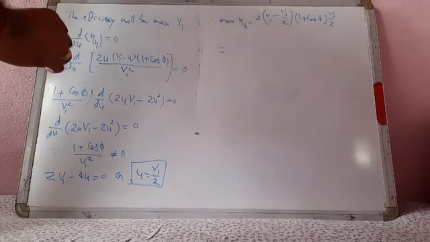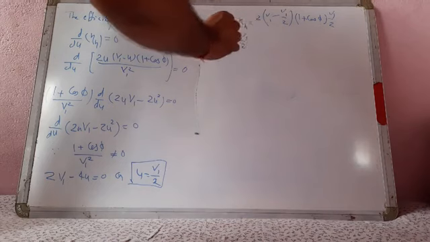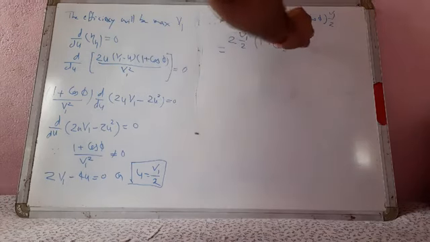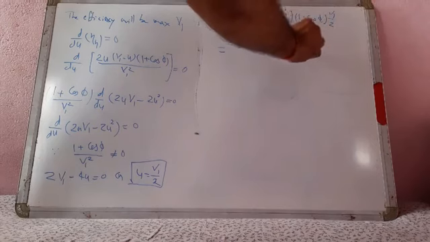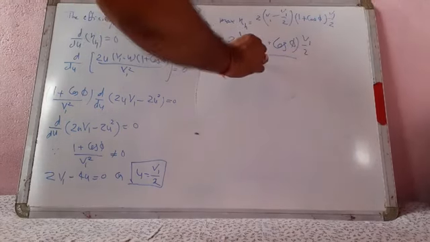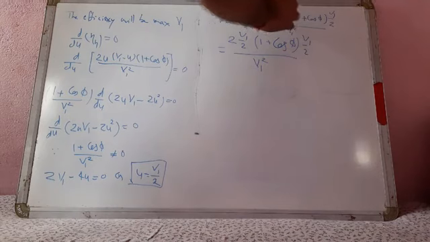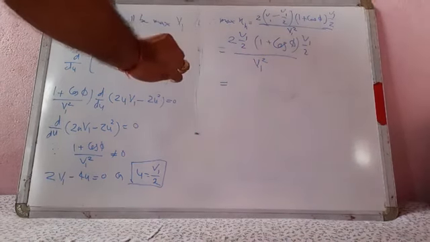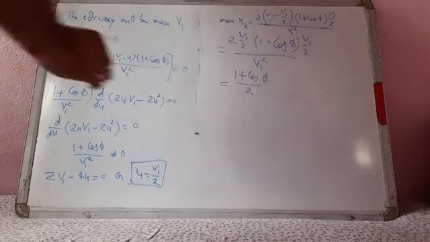This comes to V1 by 2 into (1 plus cos phi) V1 by 2, that is (1 plus cos phi) V1 square by 2, divided by V1 square, so it comes (1 plus cos phi) by 2.